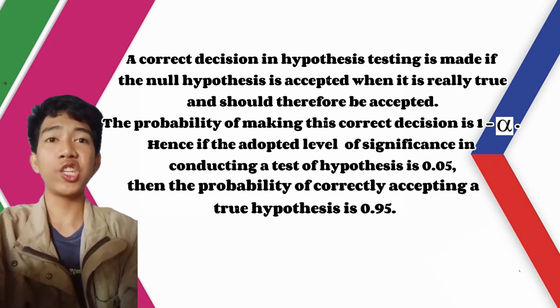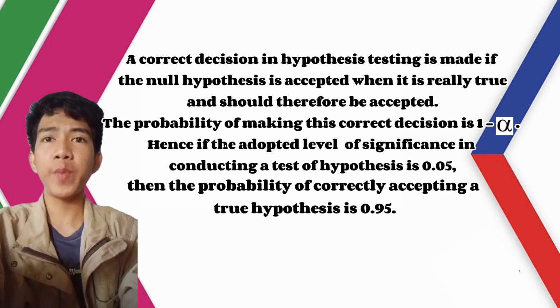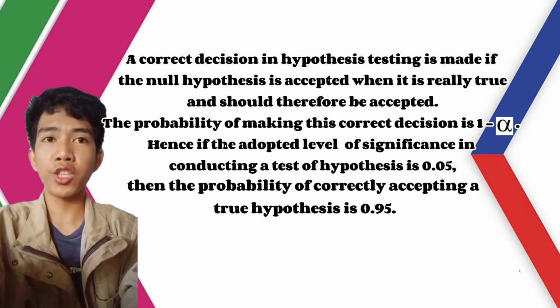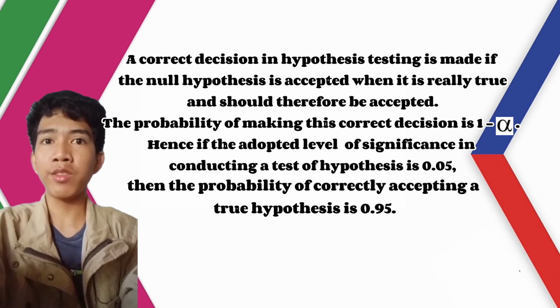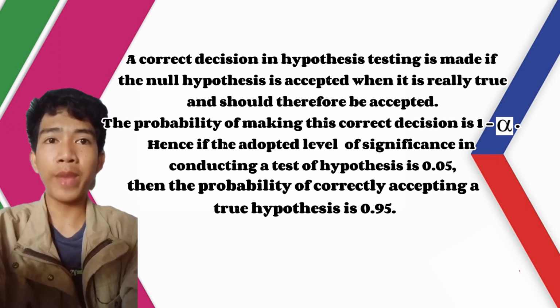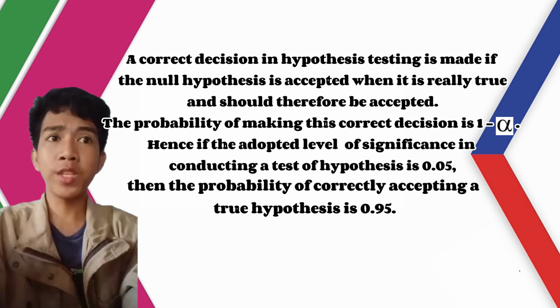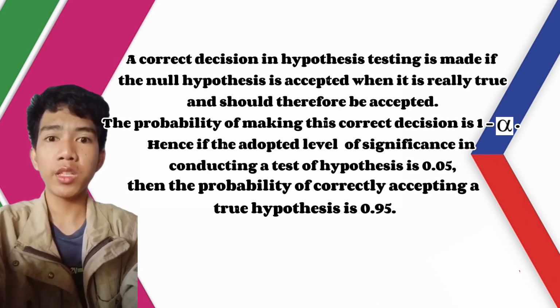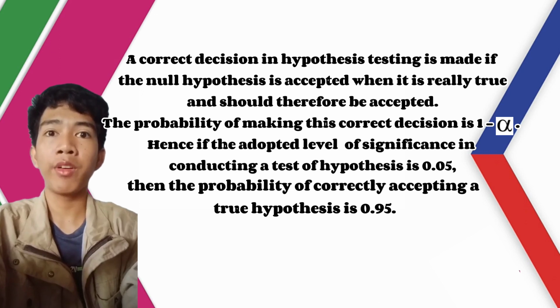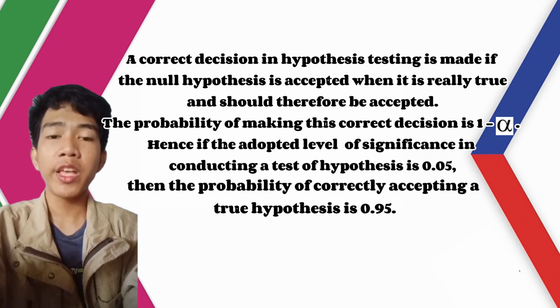A correct decision in hypothesis testing is made if the null hypothesis is accepted when it is really true and should therefore be accepted. The probability of making this correct decision is 1 minus alpha. Hence, if the adopted level of significance in conducting a test of hypothesis is 0.05, then the probability of correctly accepting a true hypothesis is 0.95.